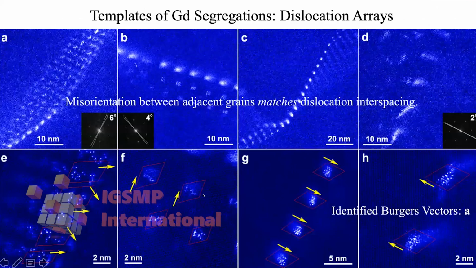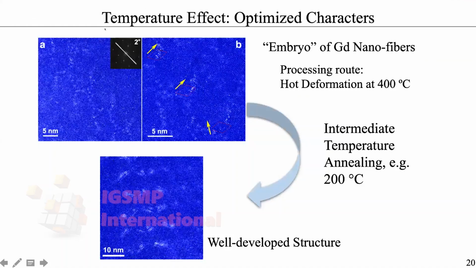And here are just more graphs showing you the different patterns existing inside the materials. And how we did that: we do the hall deformations to induce enough dislocations, and then we do a quick annealing process so that we can give the segregations, or accelerate the segregations, to form the structure we've been targeting.